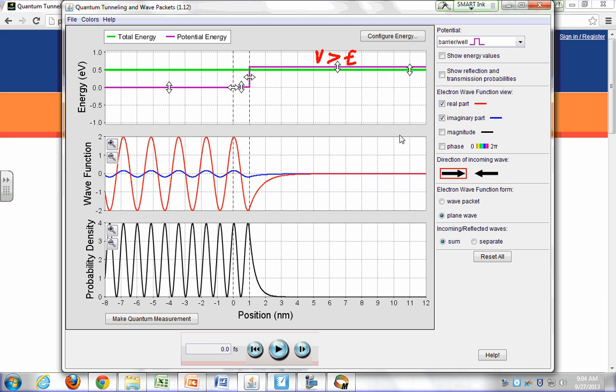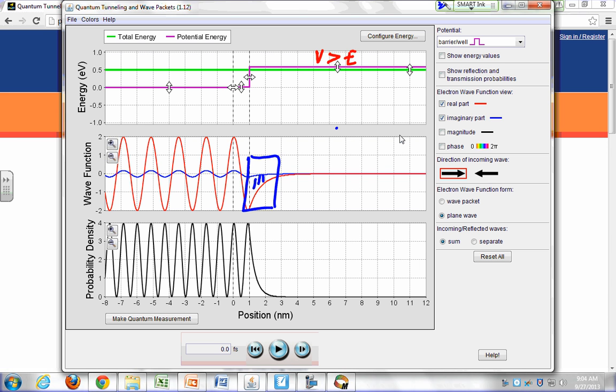Okay. But one thing that's really strange about this, we'll talk about this when we get to tunneling, is that there's actually a finite probability of having the particle have a potential energy that is higher than the total energy. And that's contradictory to what you learn in classical mechanics. You say total equals kinetic plus potential, right?